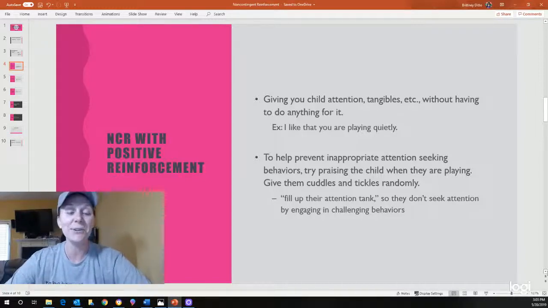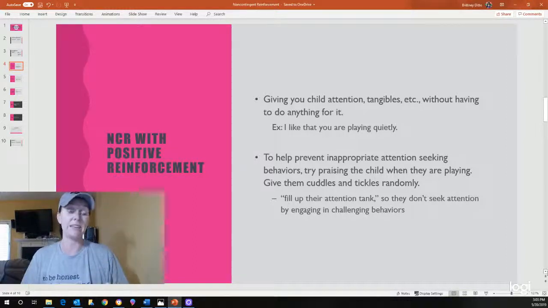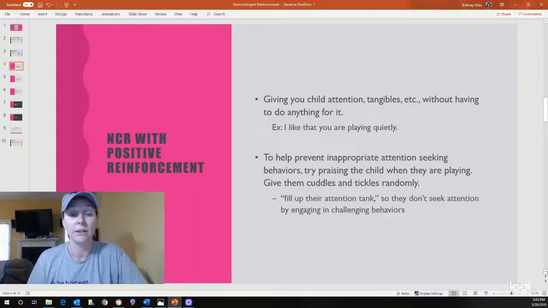So using non-contingent reinforcement, or as you see, I've abbreviated it to NCR, which I'll do for the rest of the slides, we're giving the child something. We're adding something into that environment to increase the behavior we want to see.